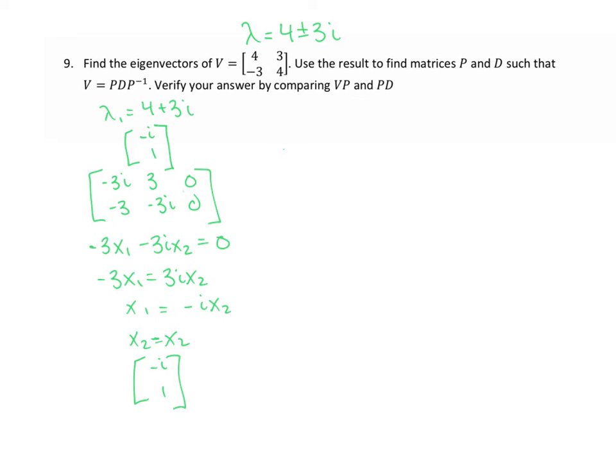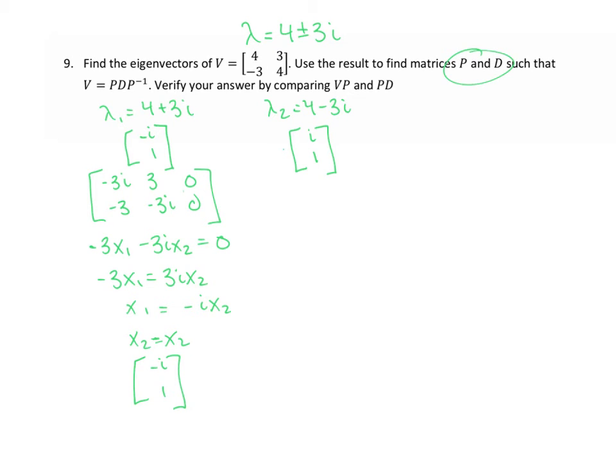So now we know if the first vector is negative i, 1, then for lambda 2, its vector is going to be positive i, 1, which is nice. And the diagonalization, so we're looking for P and D.